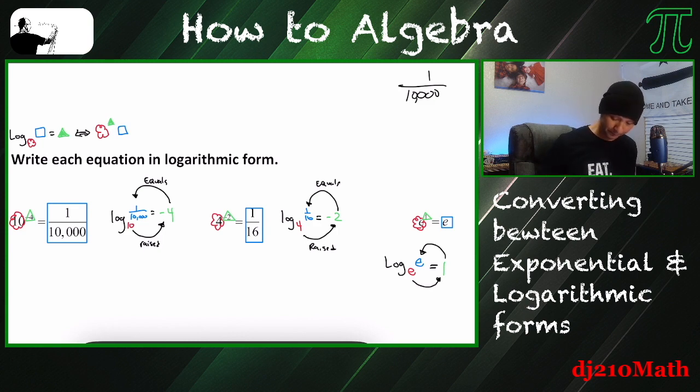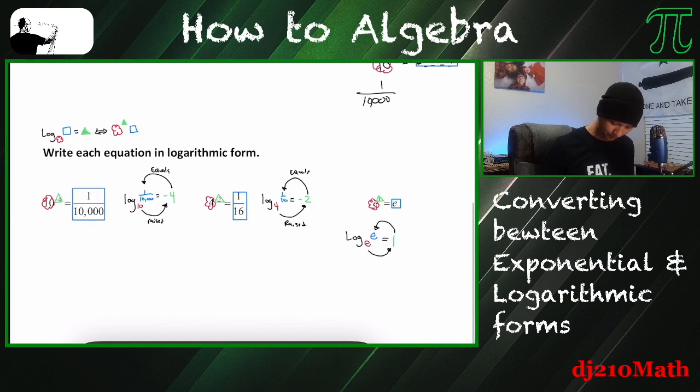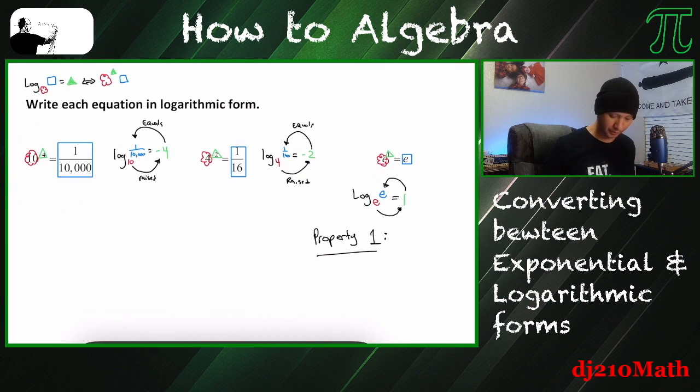Our first property is that. So let's see. Where do I want to write it? So property number 1, I guess. Doesn't matter the order. Is this truly number 1? It's number 1 to me. So you have log, whatever that base is, we'll call it base b, since base starts with the b.